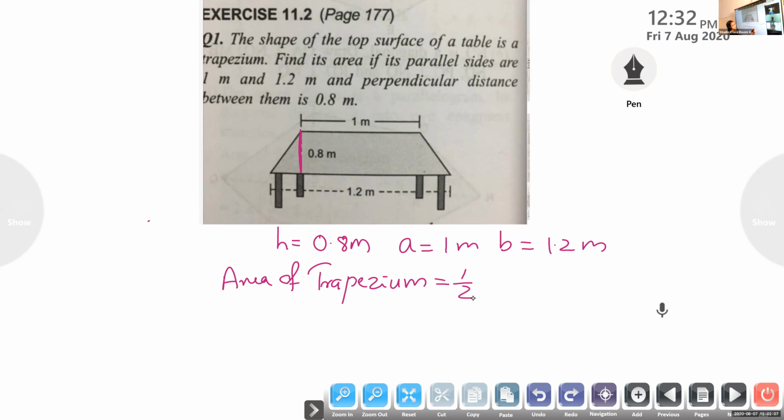Area of trapezium is equal to half into h into a plus b.